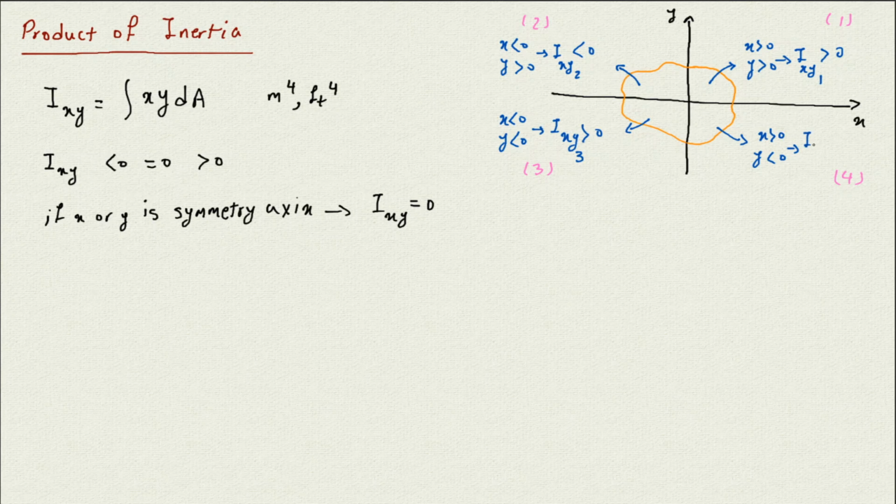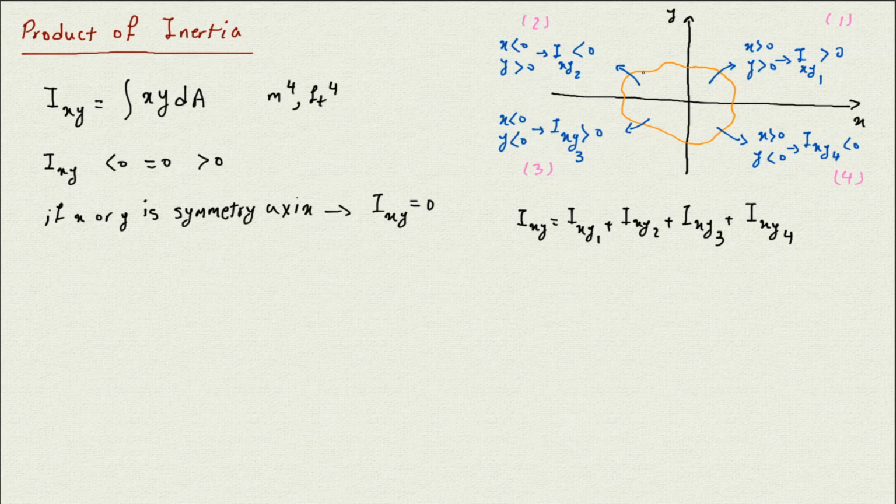Therefore, Ixy in this quadrant is going to be negative. And eventually, the total Ixy is going to be adding all these four together. So it's Ixy1 plus Ixy2 plus Ixy3 plus Ixy4.